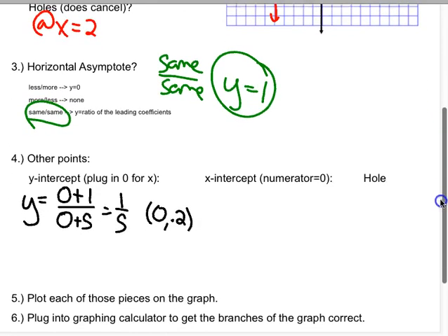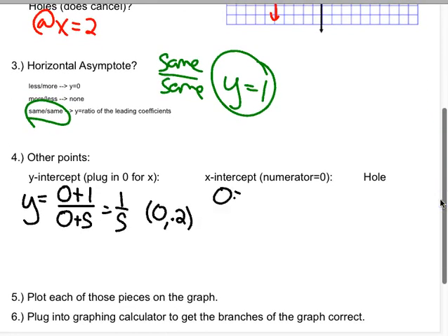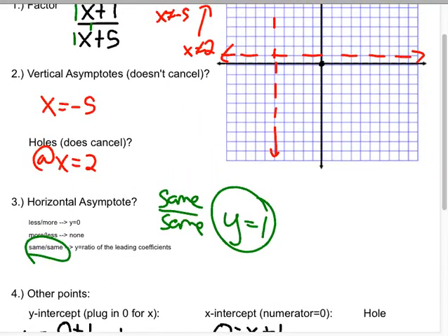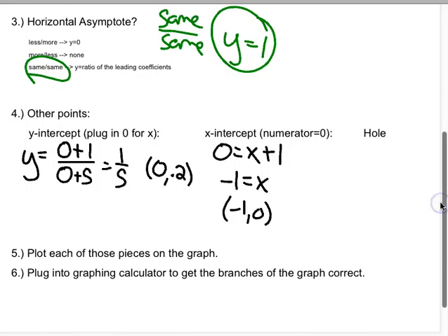X-intercept, when the numerator equals 0. Again, I'm going to use the updated one, the reduced one. So my x-intercept is going to be at -1. And the hole is sitting at x equals 2.